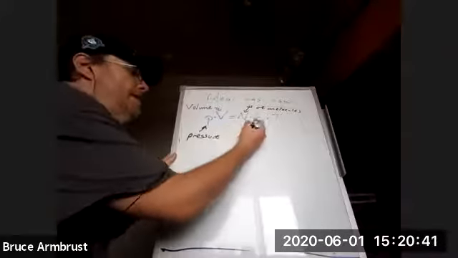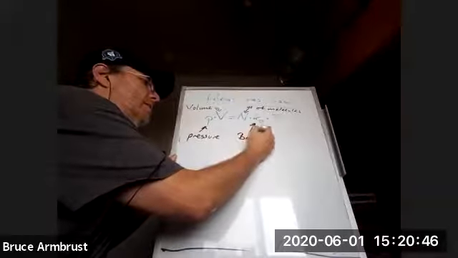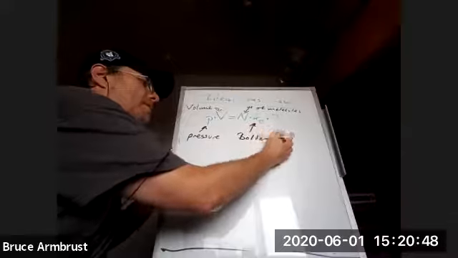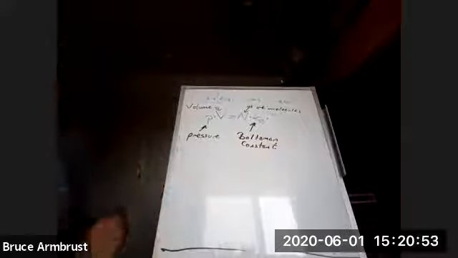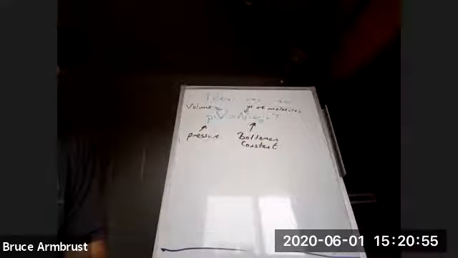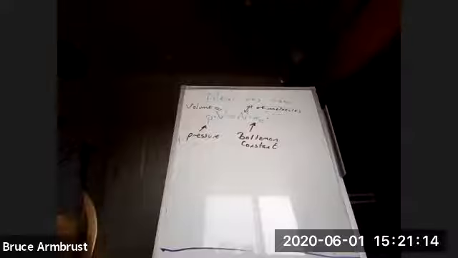Then this k sub B is what we call the Boltzmann constant. It's named after Boltzmann, who was either German or maybe Austrian, but definitely a German name. He was a physicist who determined this value, and like it says, it is a constant.